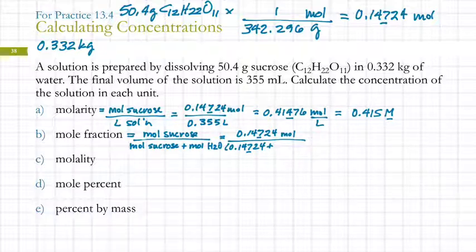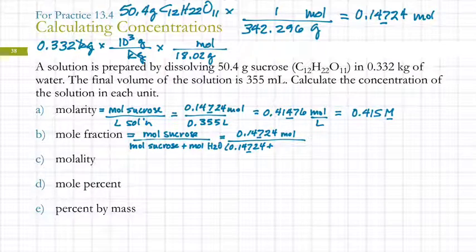How many grams is that? So you can write that out if you're not comfortable with that. Kilo means 1,000. So we can convert to grams. And then to get moles of water, we're going to use the molar mass of water. 18.02 grams of water per mole.